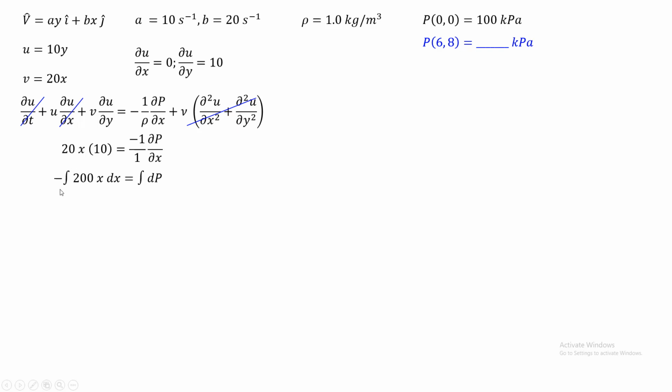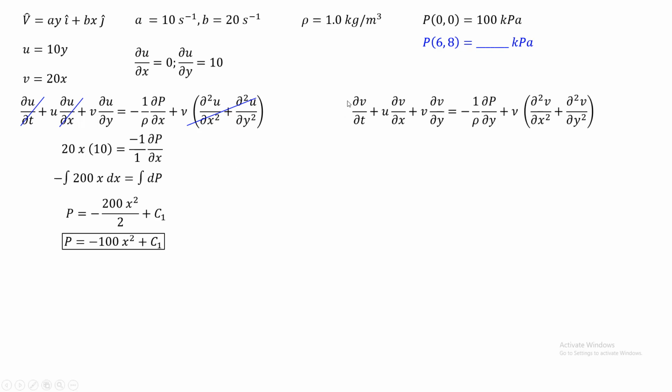We'll integrate to find the p value. If we integrate dp, we'll get p, and if we integrate x dx, we'll get x square by 2. So this 2 and 200 will get cancelled, giving us 100 x square, and c1 is the constant of integration, right? So we'll have p is equal to minus 100 x square plus c1. Okay, this is one equation that we are getting. Now let's try to use the y momentum equation as well, right?